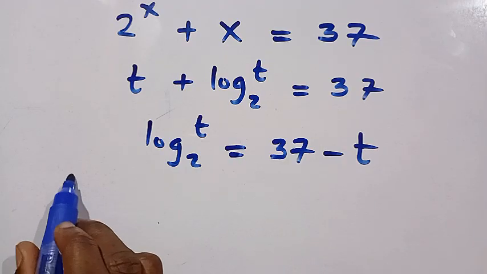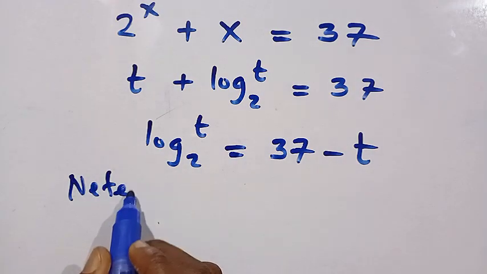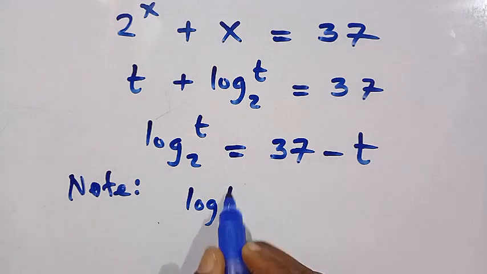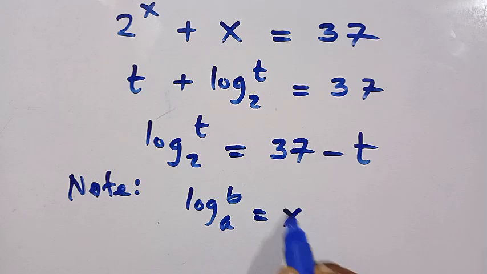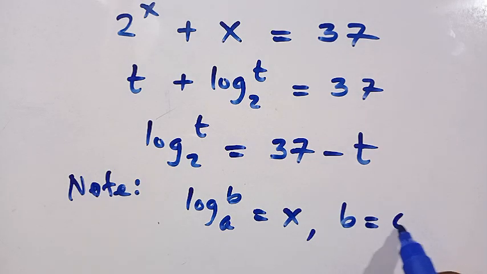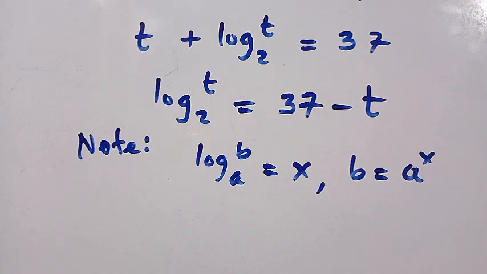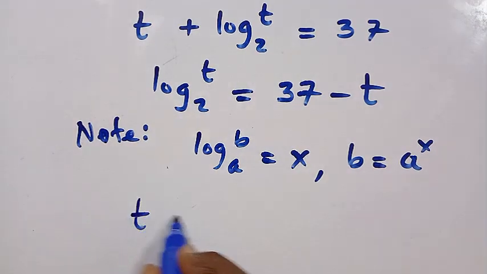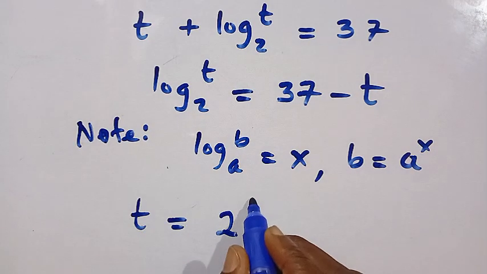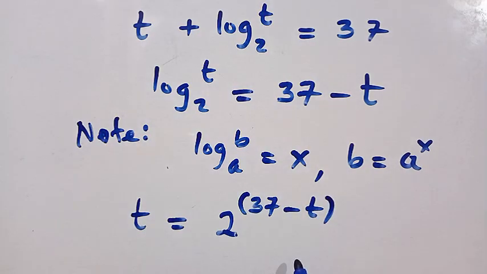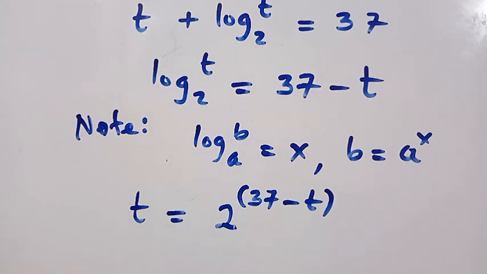Note that if we have the logarithm of b base a equals x, this is the same thing as b = a^x. Applying this rule, we have t = 2^(37 - t).